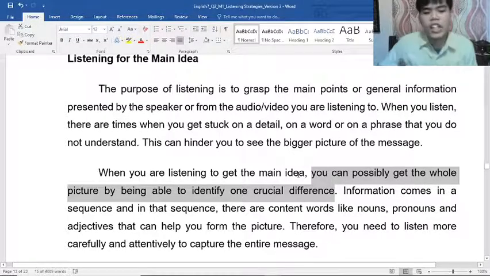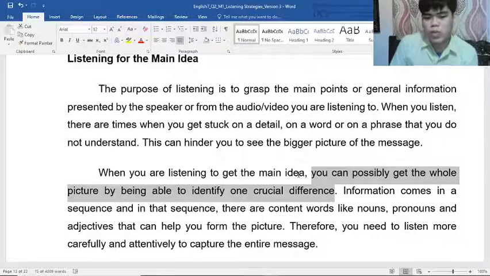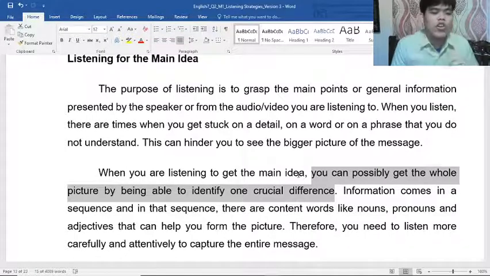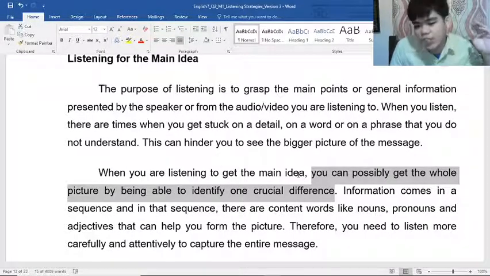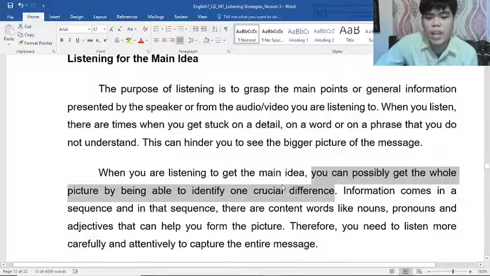If I said 100 words and only 5 of those words are really important, if you can listen and identify and understand those 5 words, then you don't need to listen to the rest of the 95 words. So that is listening for the main idea.